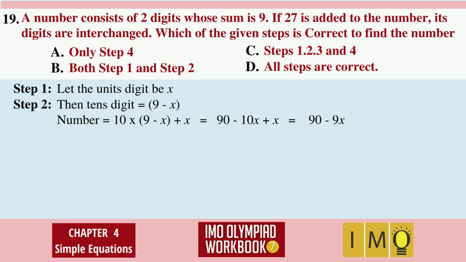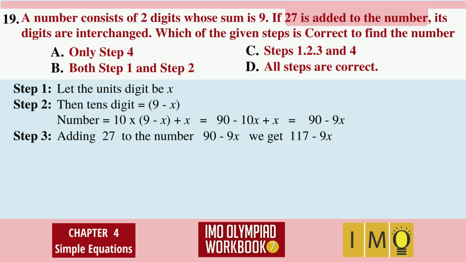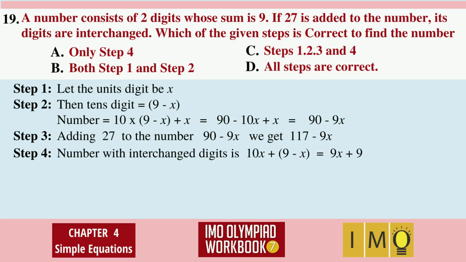This step is also correct. Step 3. Adding 27 to the number 90 minus 9x, we get 117 minus 9x. That is because 90 plus 27 is equal to 117. The variable part minus 9x is kept as it is. So step 3 is also correct.